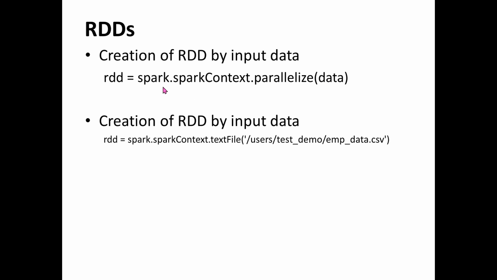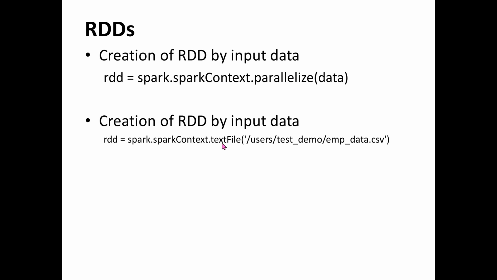So you can see spark context parallelize. Okay, so this parallelize is what is going to create the RDD. That means you are providing data to this parallelize function, which basically distributes the data accordingly and then processes that. Okay, and also there is another way within the Spark context where you can directly load a text file and create an RDD as well.